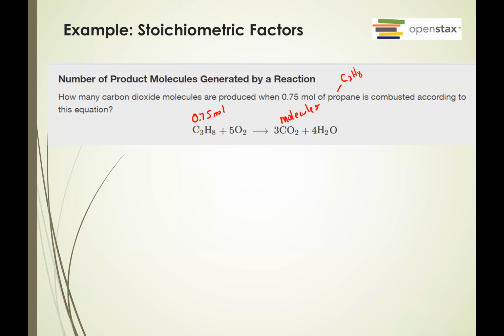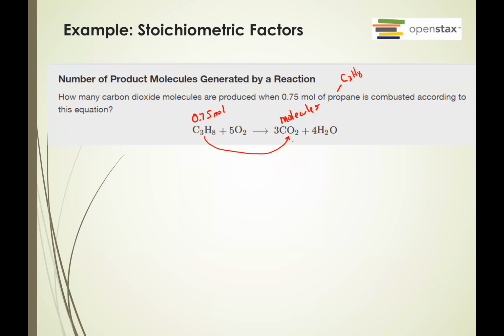When you see the word molecules, in our brain should go Avogadro's number. If you're like, that didn't go in my brain, it's okay, it will. Okay, and we're starting with C3H8 and we're going to CO2. So let's say you have absolutely no idea what to do here, which is okay. But if we're starting with C3H8, does everyone agree we've got to convert it to CO2?